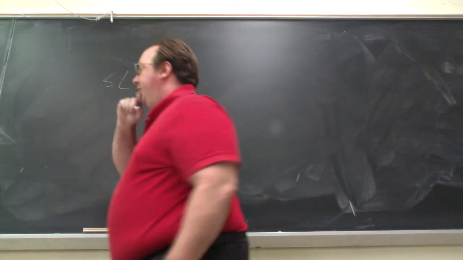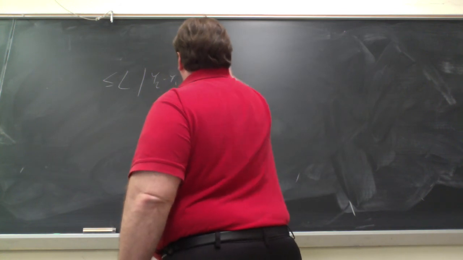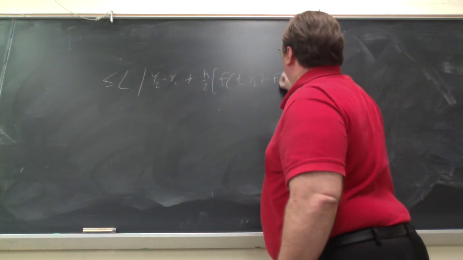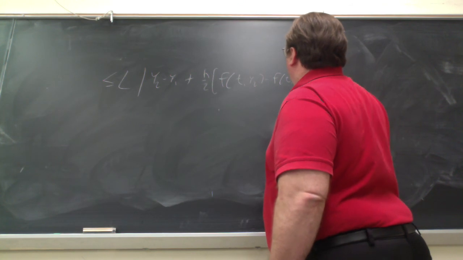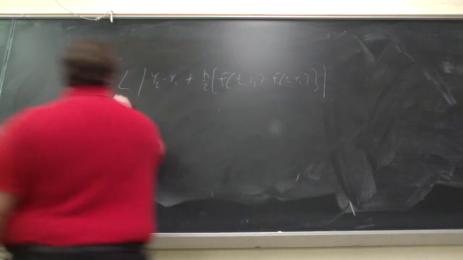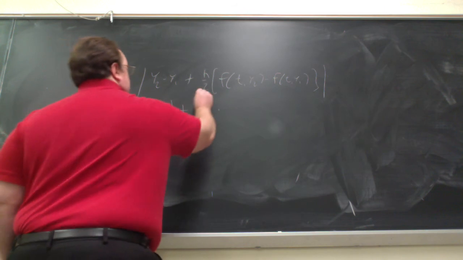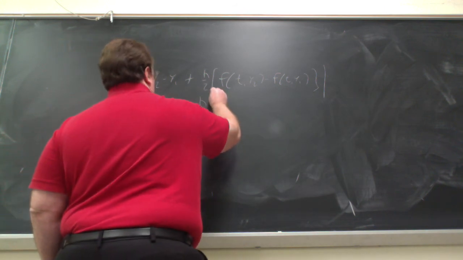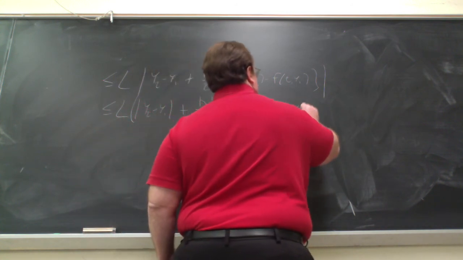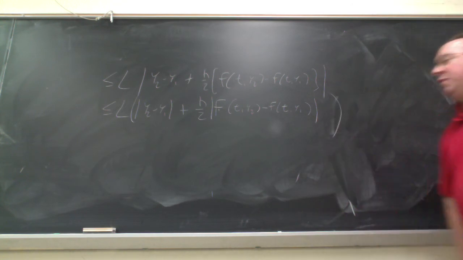So let's rearrange the terms. We have y2 minus y1 plus h over 2 times f of t, y2 minus f of t, y1. Now, by the triangle inequality, I'll break these absolute values up.